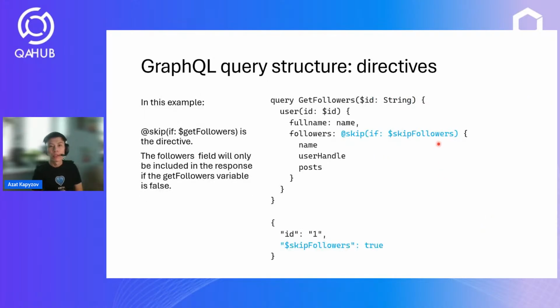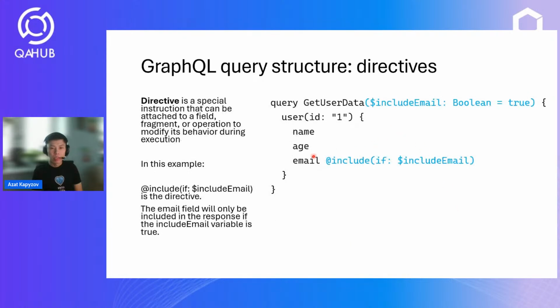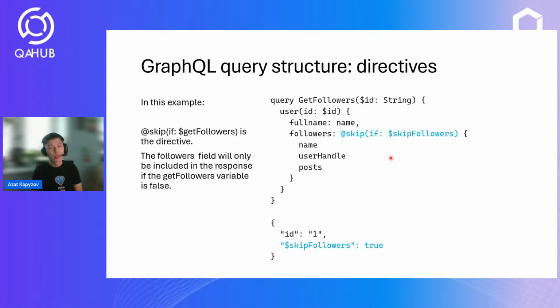Okay, so let's move on to the next one. In this case it was include, but we can also use the vice versa version of directives, like skip. For example, if we use the skip directive for some field, the followers will only be included in the response if the get followers variable is false.